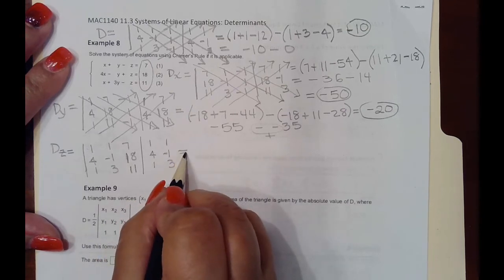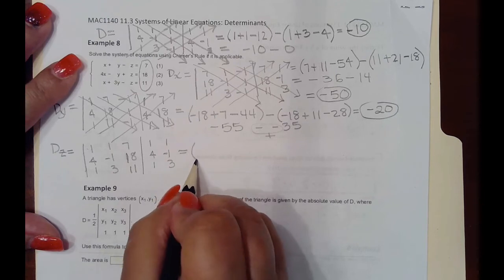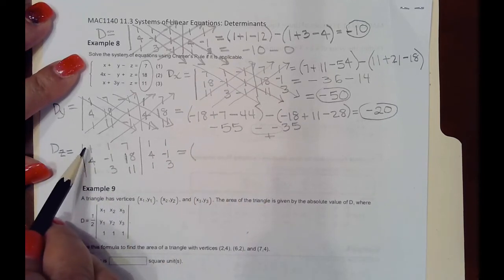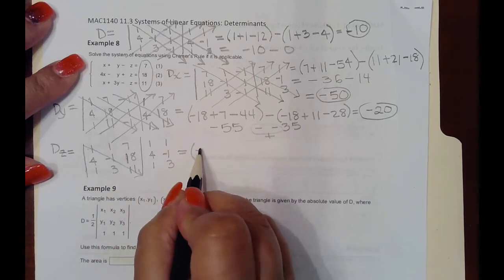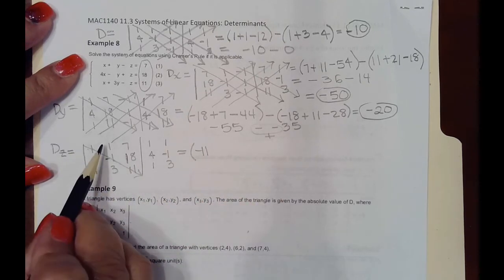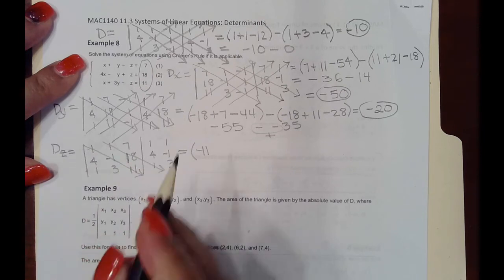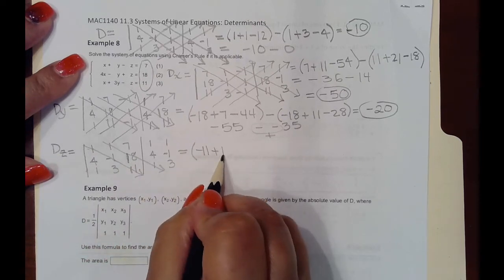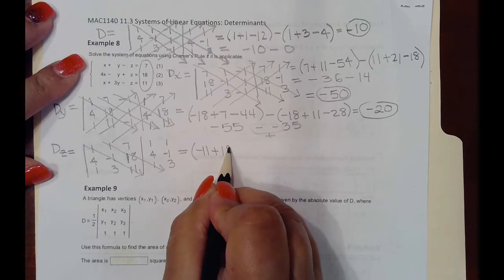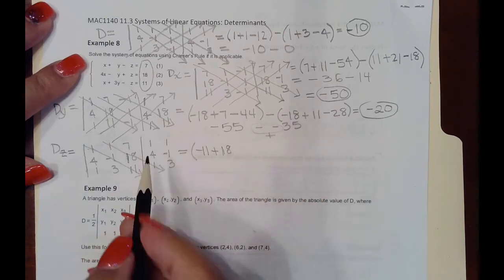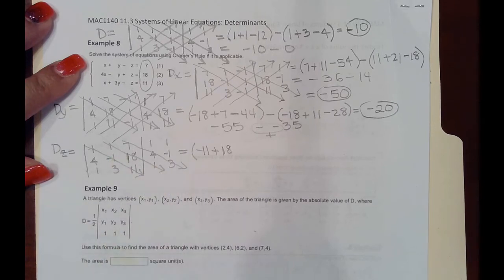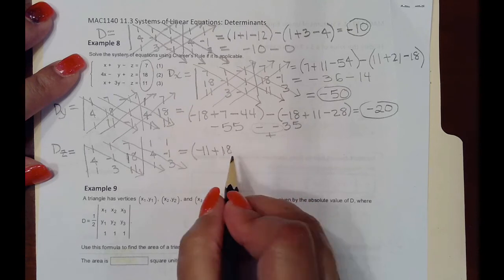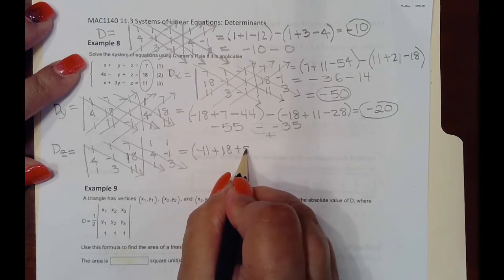And then start doing the values of the diagonal products. So this is going to be negative 1 times 11, negative 11. Then 1 times 18 times 1, that's going to be positive 18. Okay, and then 7 times 4 times 3, that's 7 times 4 is 28, times 3 is 84, and that's positive 84.